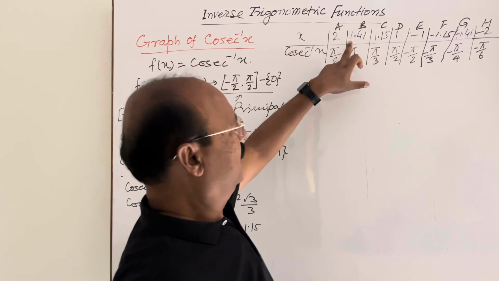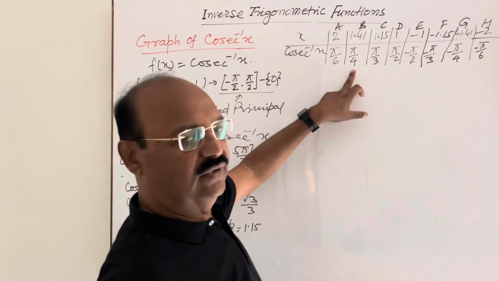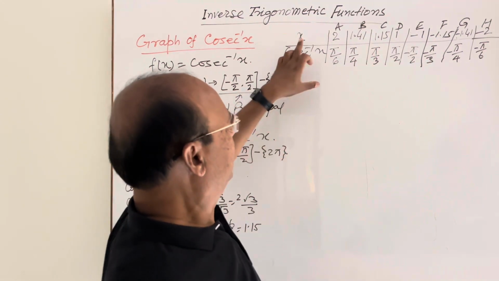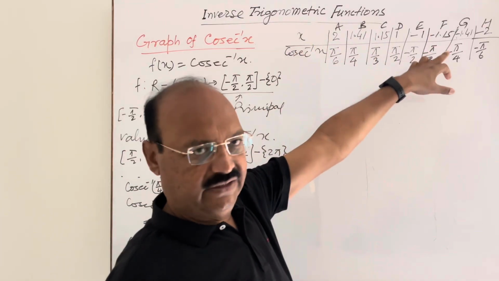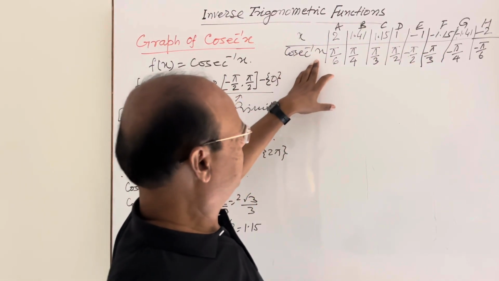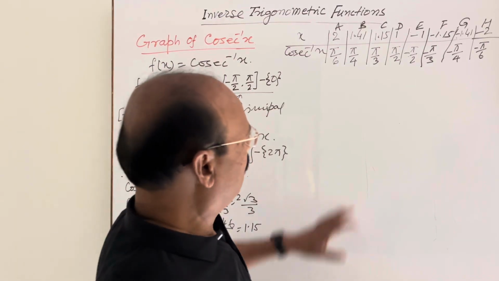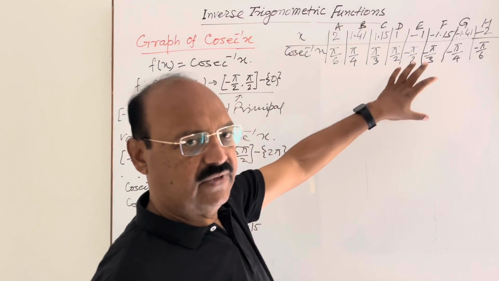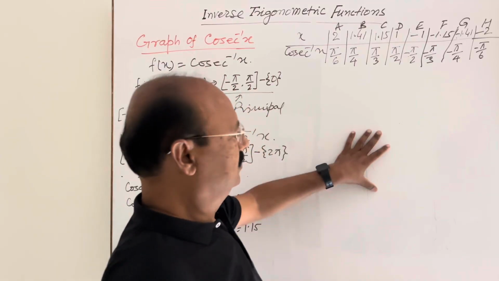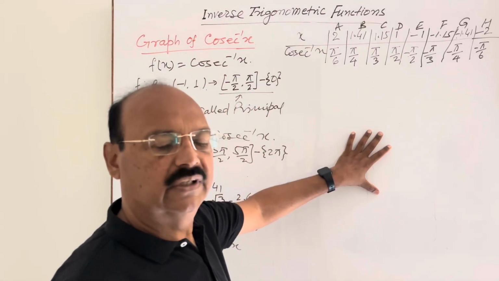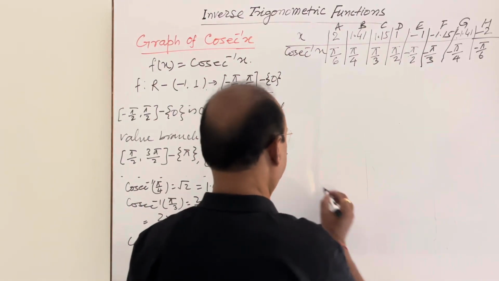B has 1.41 and pi by 4, and so on. So we take the value of x along the x-axis and the value of cosec inverse of x along the y-axis. For plotting these points on the graph paper, first of all, let us take the axis system.